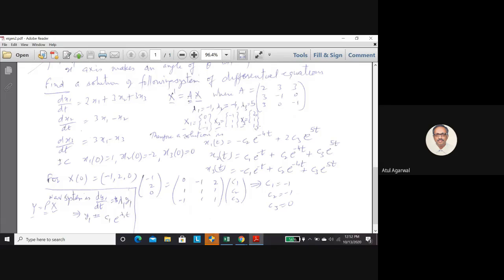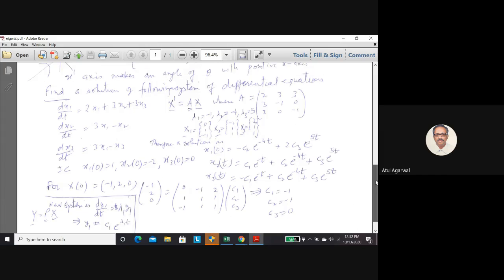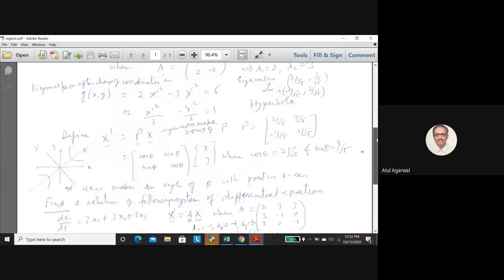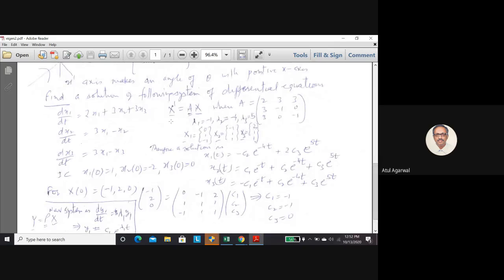So I got eigenvectors. Now I will use the same trick. I will transform this x to y like I did here. I replaced x by P transpose y. Okay. So if you write P transpose y derivative, what you will get? P transpose is a constant. So you get P transpose into y prime is equal to A. Instead of x here, again you will write P transpose y.